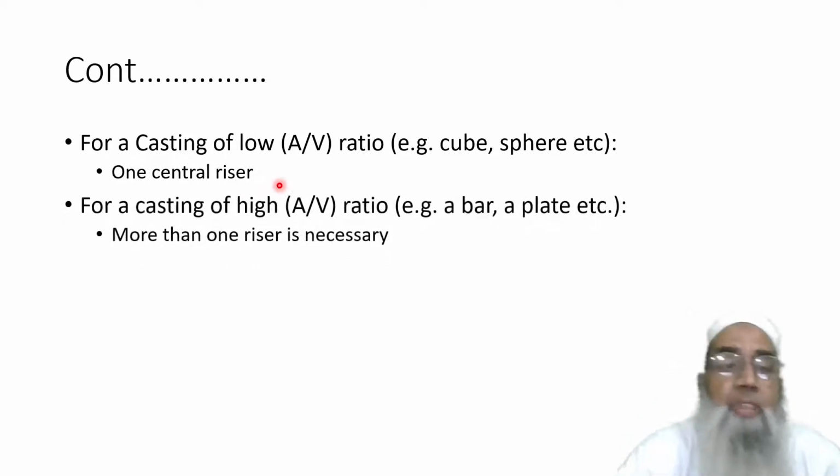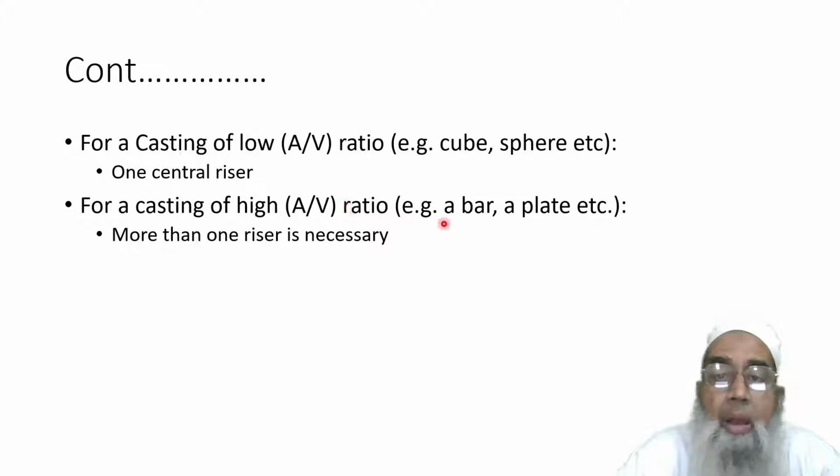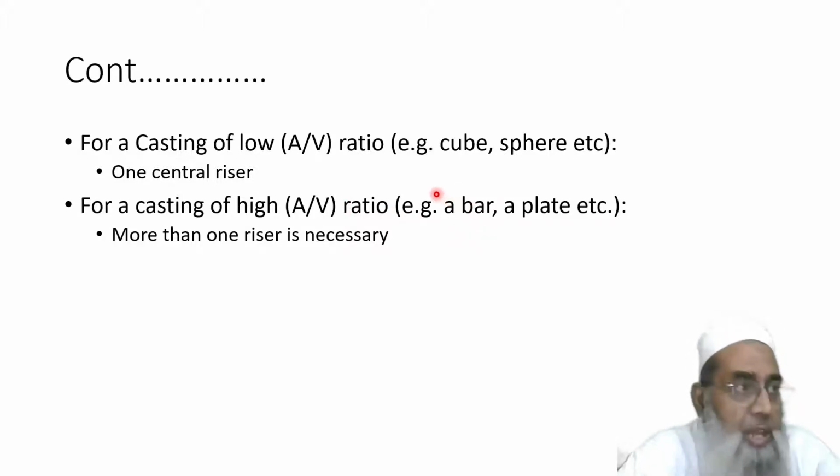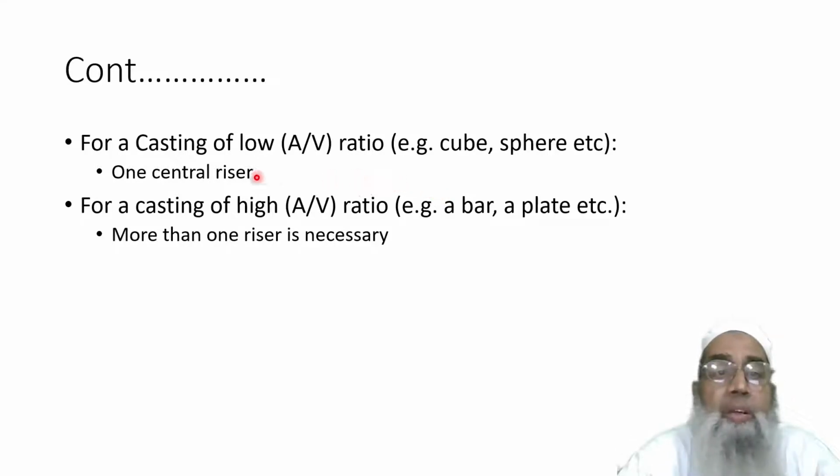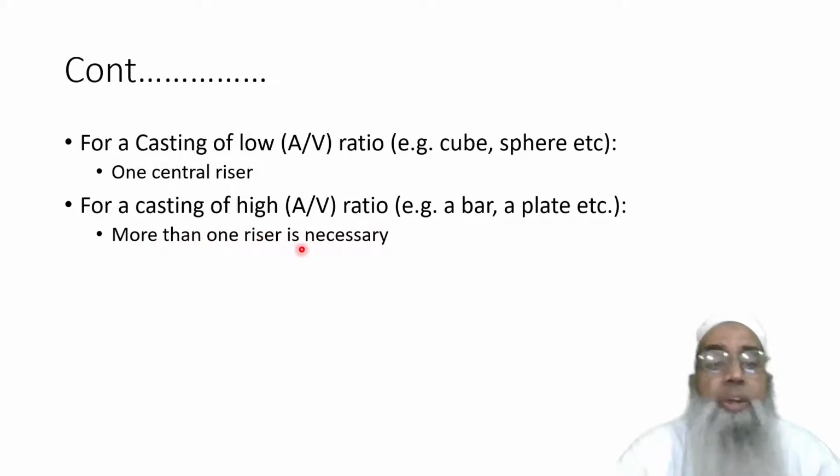But for a casting of high A by V freezing ratio, like a bar or a plate, one central riser won't work efficiently, and therefore, depending upon the length and the width, they have to have more than one riser.